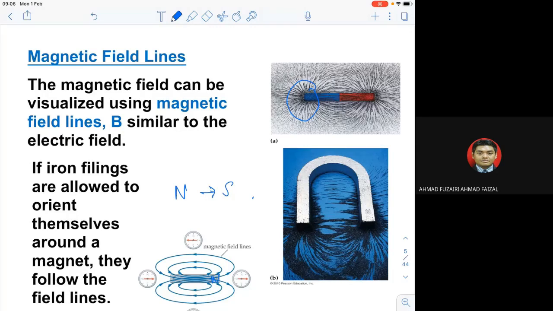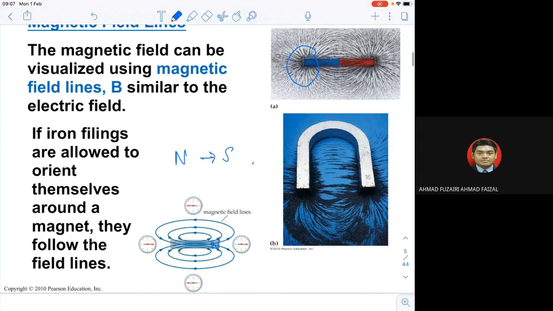We cannot say from here whether they are going in or coming out, but we can easily understand that there is a point where all the magnetic field lines come and go.